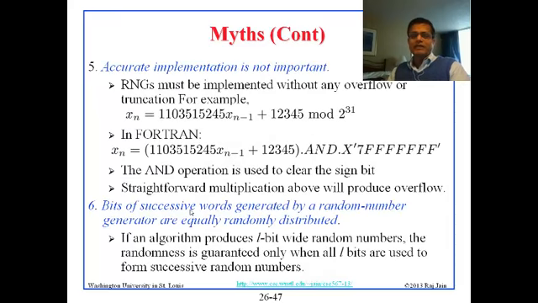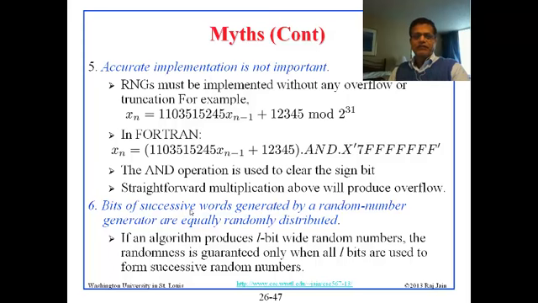Fifth thing is accurate implementation is important, and this is very important. I think I said in the beginning that for random number generators, you really have to implement it very carefully, because if you make a mistake in implementation, have an overflow or anything like that, you have killed the generator. So, for example, this generator, which is shown here in Fortran, is implemented as follows.